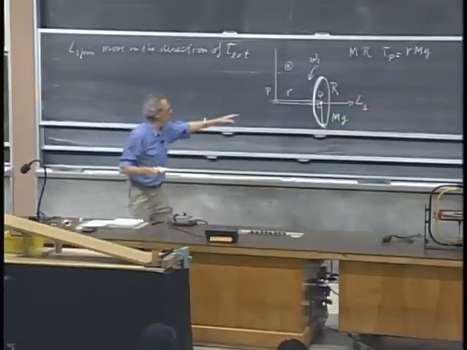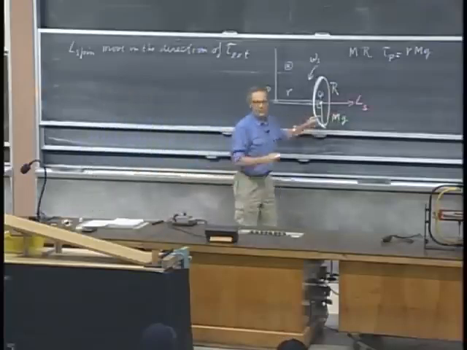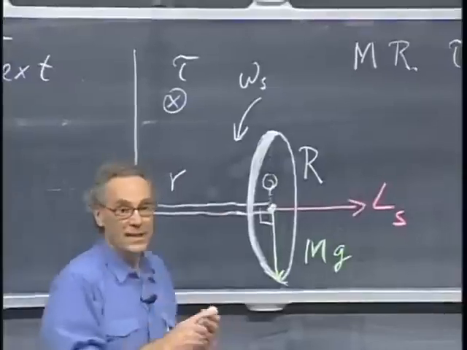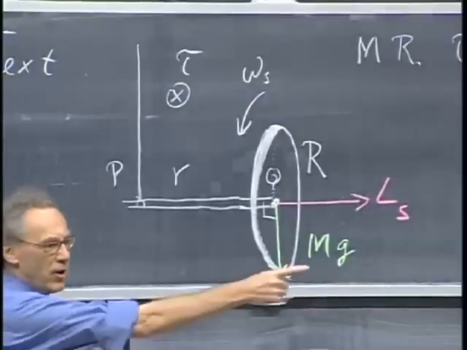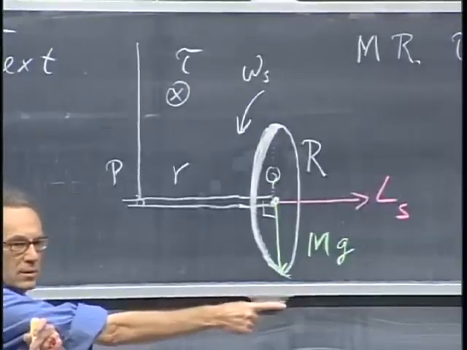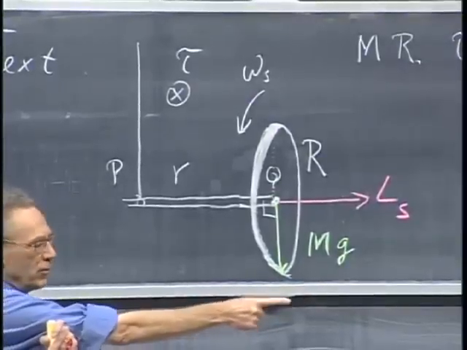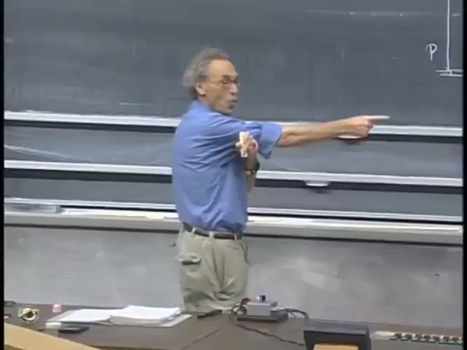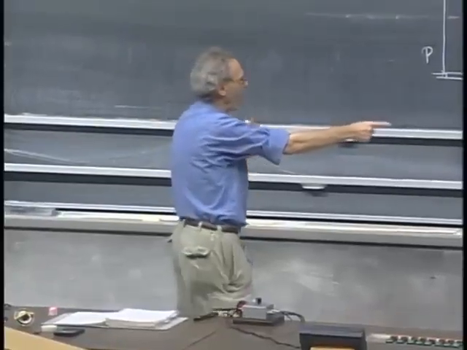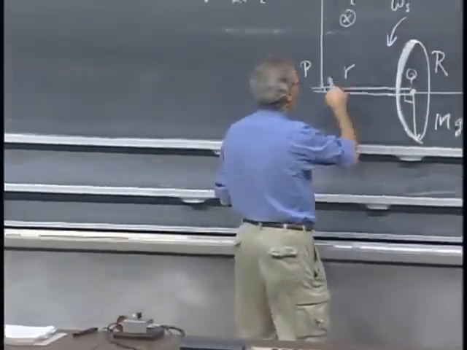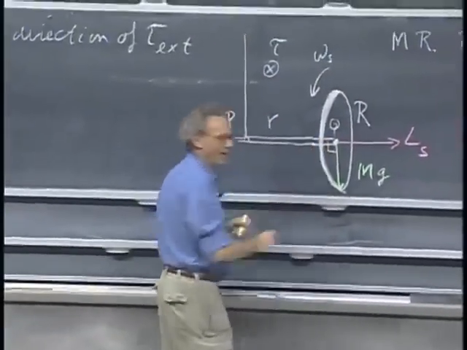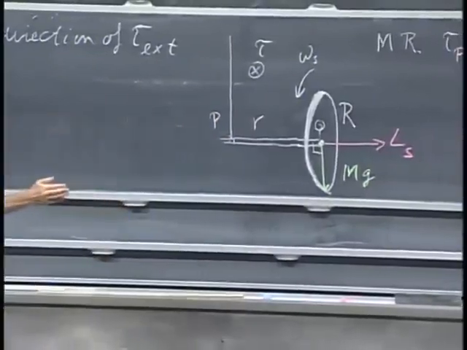What will the spin angular momentum do? It's going to move in the direction of the torque. It's going to chase the torque. So what will it do if the angular momentum is here? It will do this. And as it moves, the torque will always be perpendicular to the plane, to the string, and R. You can just see that for yourself, why that is.